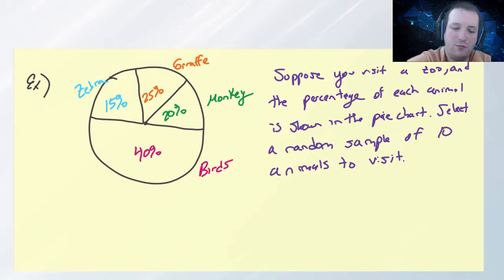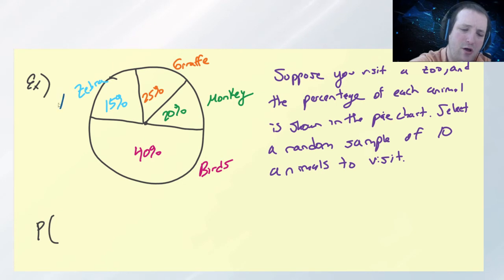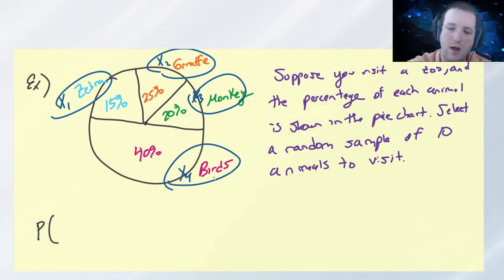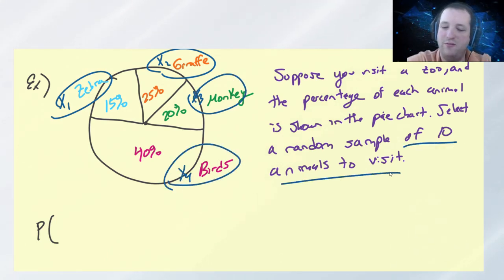So let us assume we want to know the probability. We're going to name these categories in a counterclockwise fashion. I'm going to call this x1 for zebra, x2 for giraffe, x3 for monkey, and x4 for birds. We're going to be selecting a random sample of 10.